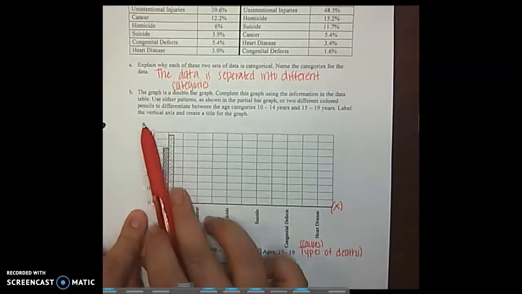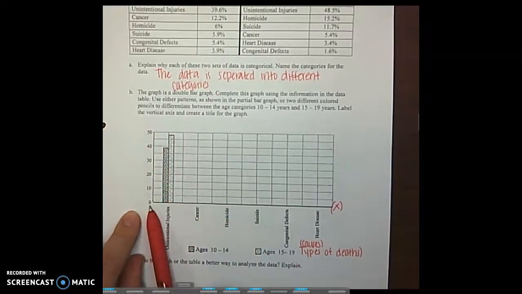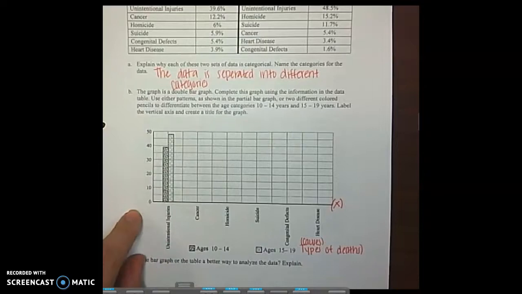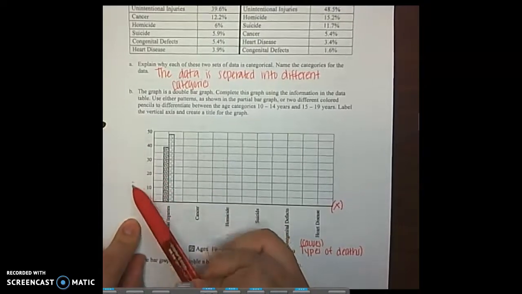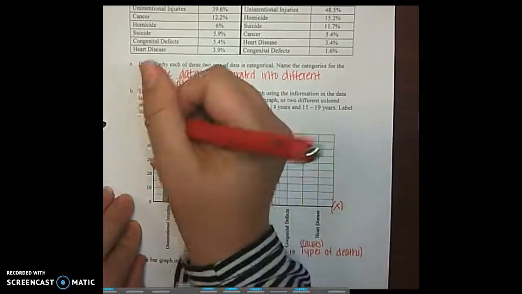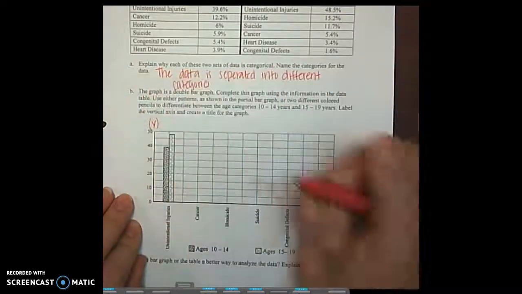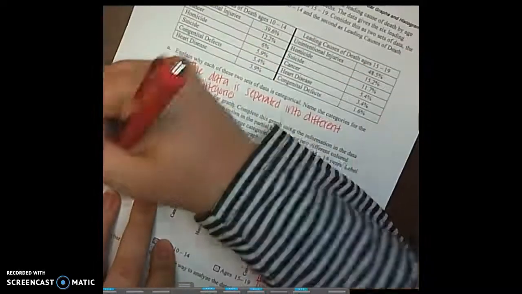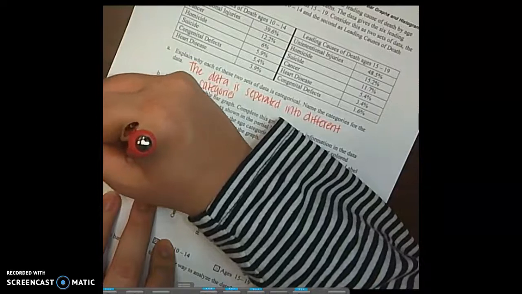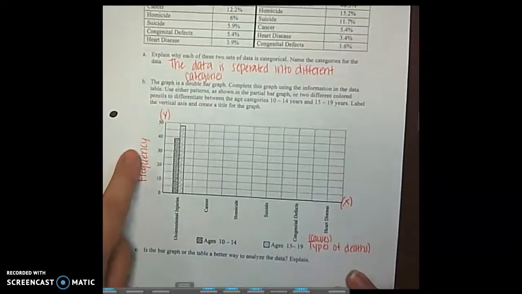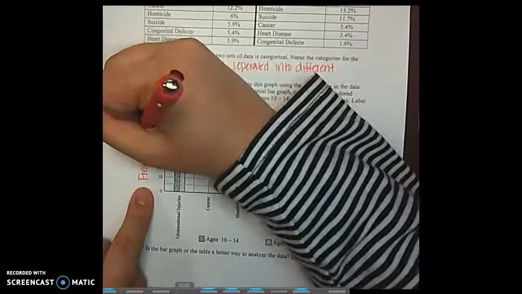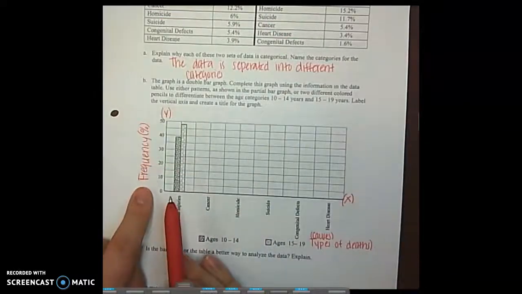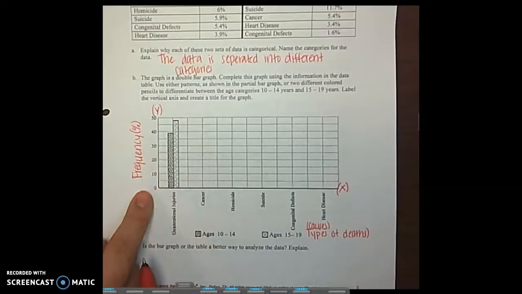And we discussed yesterday, or in part 1, the best way to create a scale. So our title for this y-axis is going to be frequency, because we're talking about percentages, or the percentage of death in those specific ages.